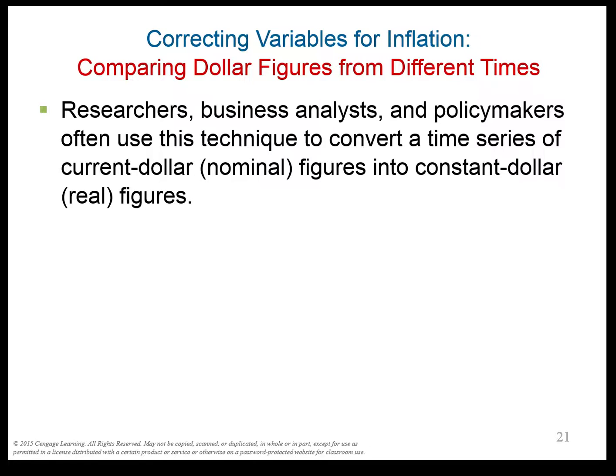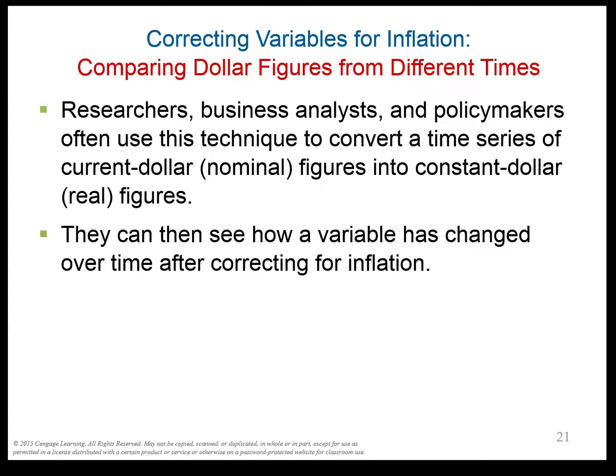So this is really common because a lot of people, academics and politicians included, like to convert nominal variables that are recorded over different times in history into constant dollars, or what we'll call real numbers, okay? And the purpose of doing this is to see how a variable can change after correcting for inflation, right?